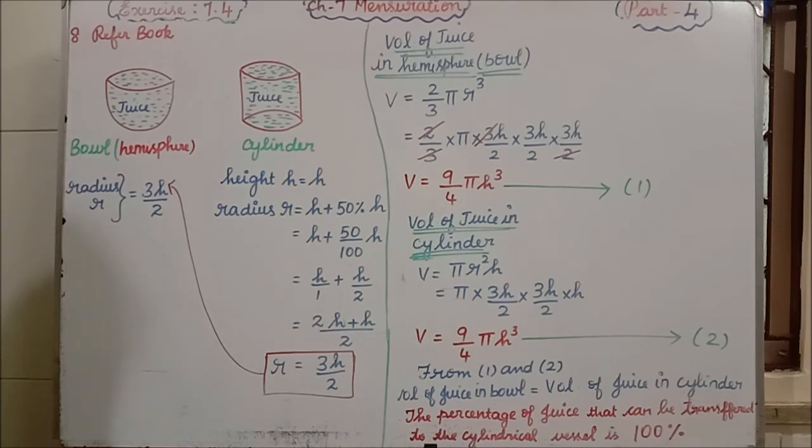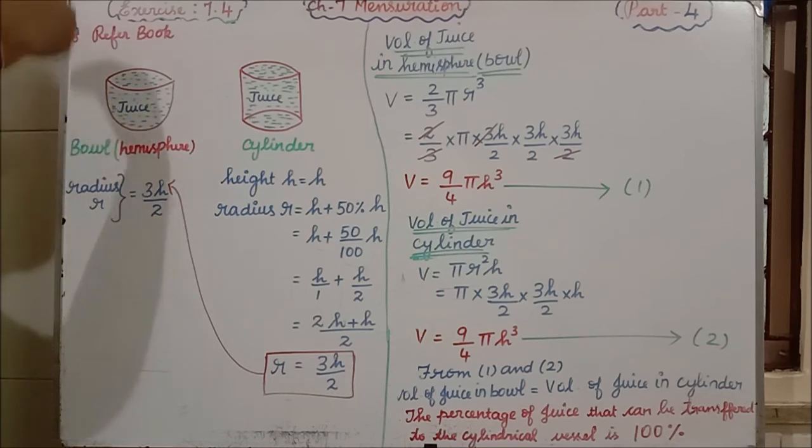Now listen to the question. If the diameter is the same for both the bowl and the cylinder, then find the percentage of juice that can be transferred from the bowl into the cylindrical vessel. That is what they are asking in the question.